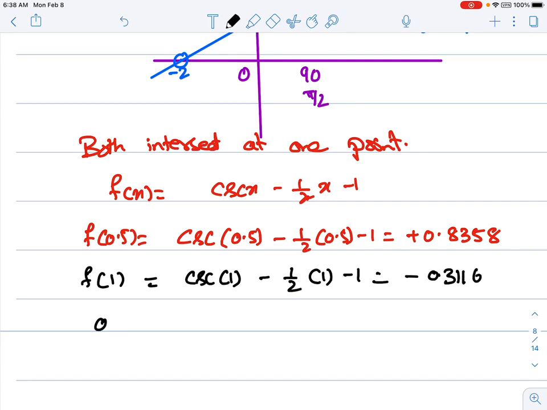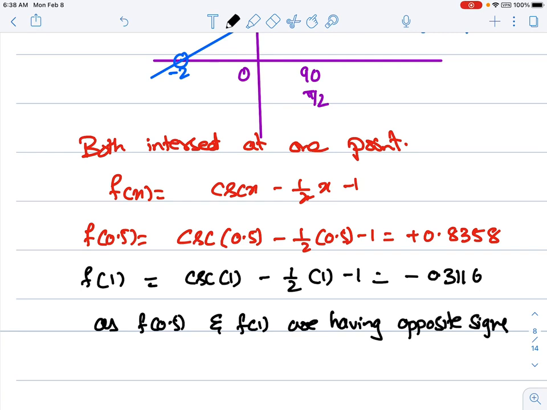So as f of 0.5 and f of 1 have opposite signs, the root lies between 0.5 and 1.